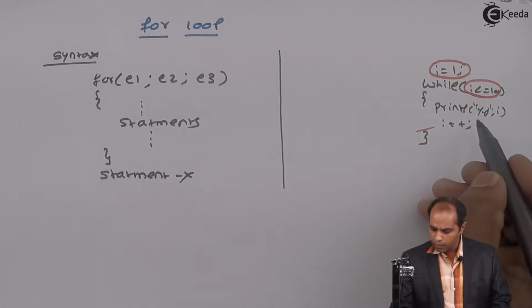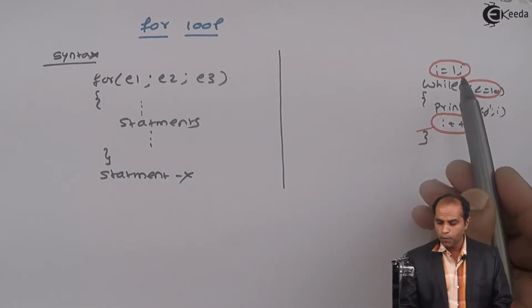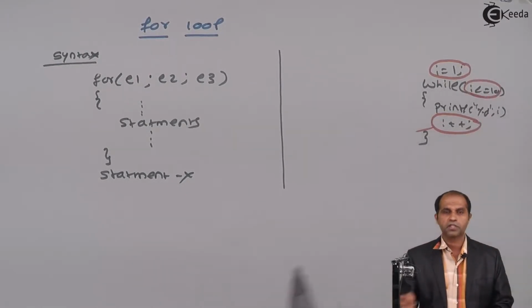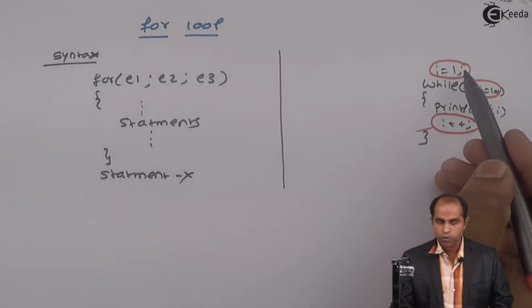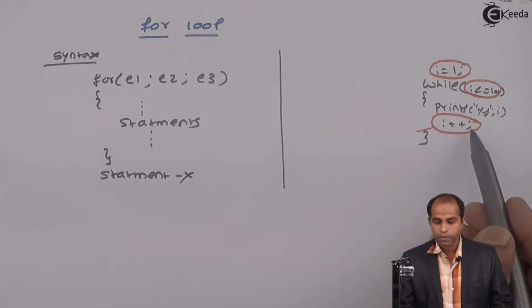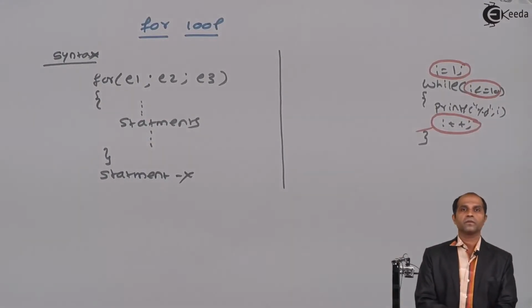After that, I'm supposed to give an increment expression so that the loop control variable I is taken from 1 to 10 in steps of 1. So I have an expression I equals to 1, a condition I less than equals to 10, and an increment expression I plus plus, which will make I reach from 1 to 10.